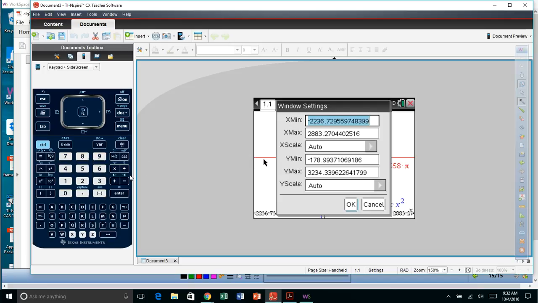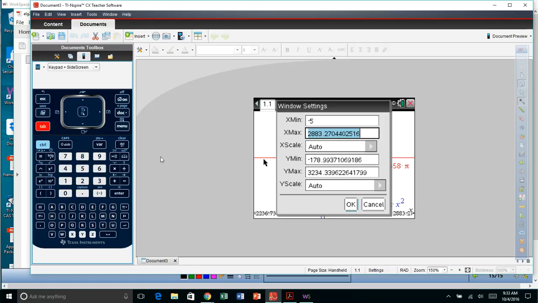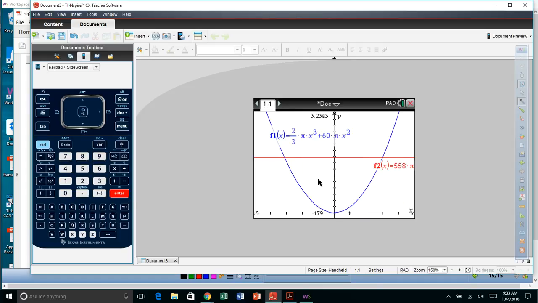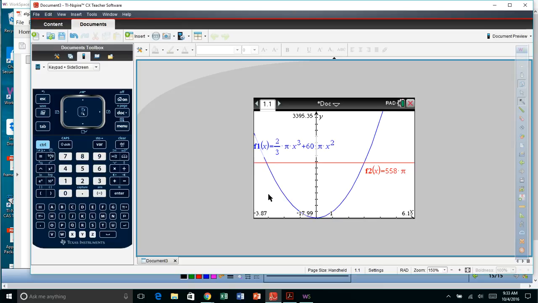So x min, we'll just make that like -5, and we'll make x max 5, and we'll hit 1. And let's see if that keeps us on there. Oh, it does. So there it is right there. So we're not really worried about this because that would be negative, and our dimensions can't be negative. They have to be positive.